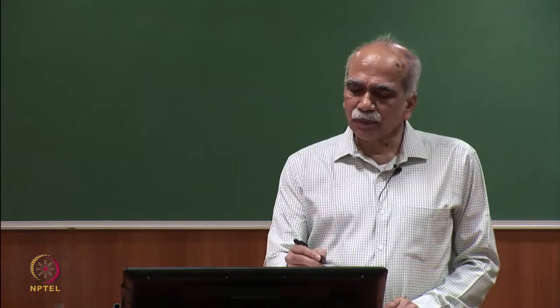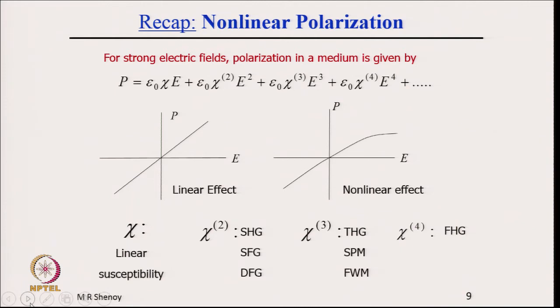All right, let us come back to the nonlinear polarization here. As I mentioned, for strong electric fields, the polarization in the medium can be represented in this form: P is equal to epsilon 0 chi E plus epsilon 0 chi 2 E square, and so on. A schematic illustration of the linear effect: if we had only this much, it means polarization is proportional to E, then P versus E would have been a straight line like this.